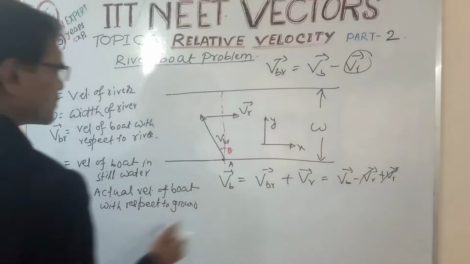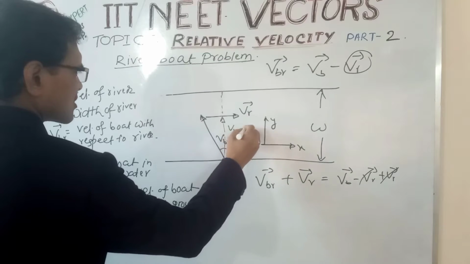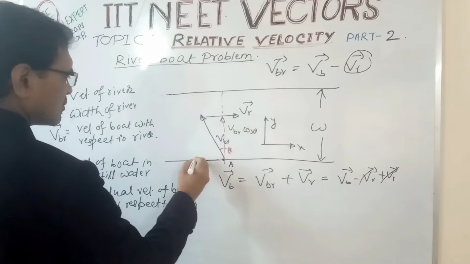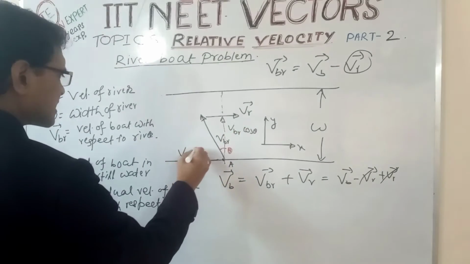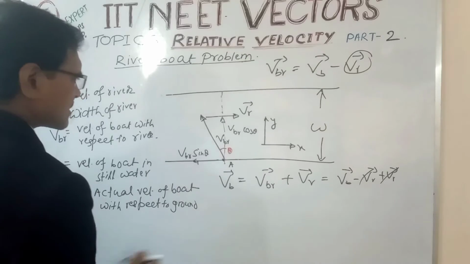Then the component of VBR along this is VBR cos theta, and along this is VBR sin theta. So what is Vx?